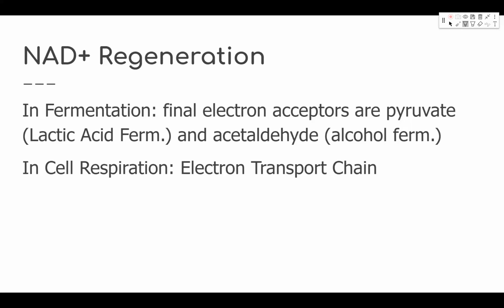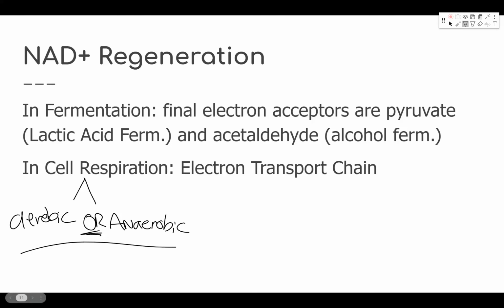In cell respiration, this is aerobic or anaerobic, we have an electron transport chain. The difference between the 2 of those processes is what our final electron acceptor is. Aerobic uses oxygen, anaerobic uses something else, which depends on the organism. It's not like one thing.